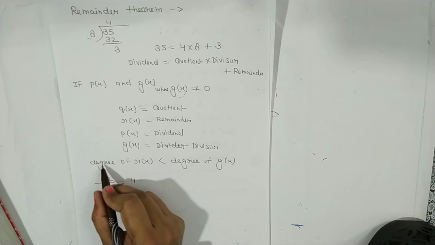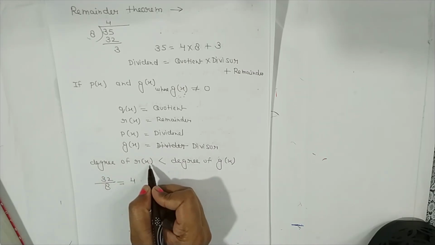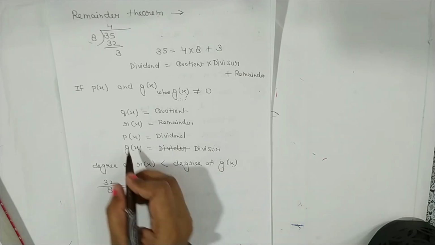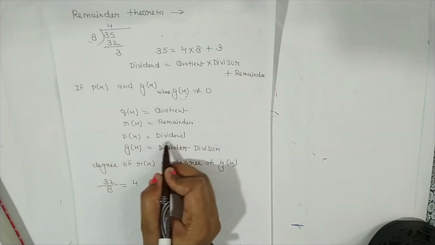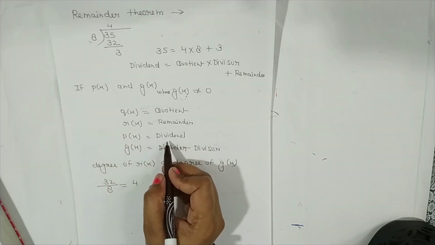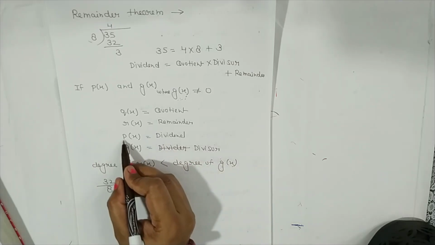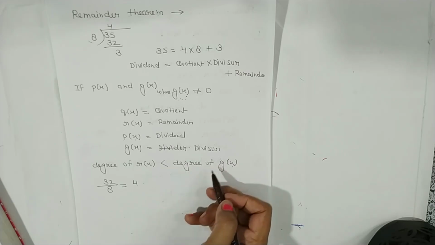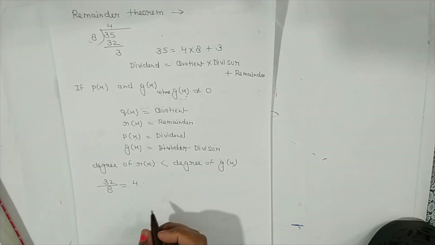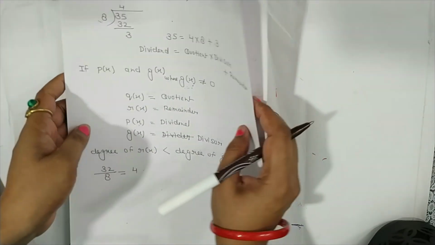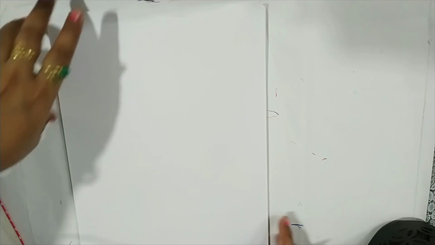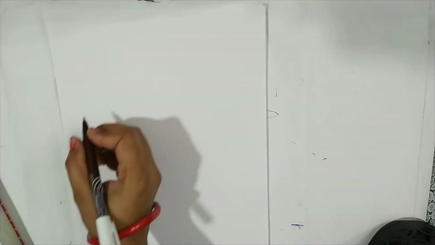Similarly, if r of x is equal to 0, we can say that g of x is a factor of p of x, that is the dividend, or we can say p of x is divisible by g of x. Now we will solve some examples so you will understand more.